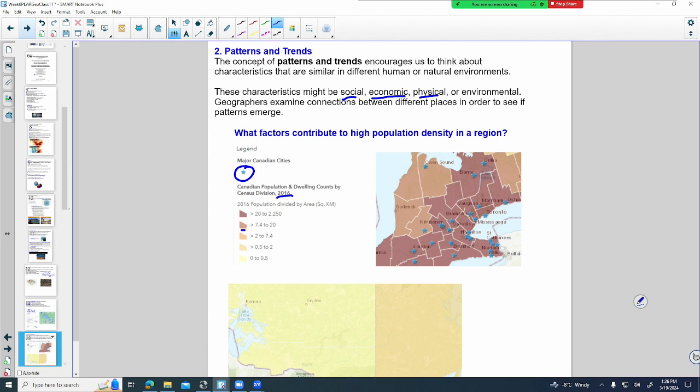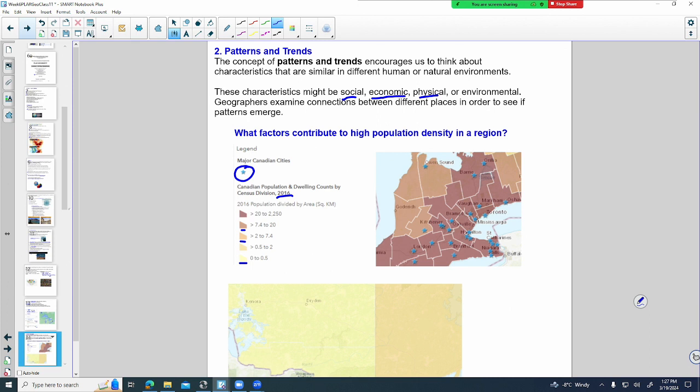The lighter brown is greater than 7.4 to 20 per square kilometer. So you can see it's getting less and less. The lightest is yellow, and it shows 0 to 0.5 per square kilometer. So that's the population.